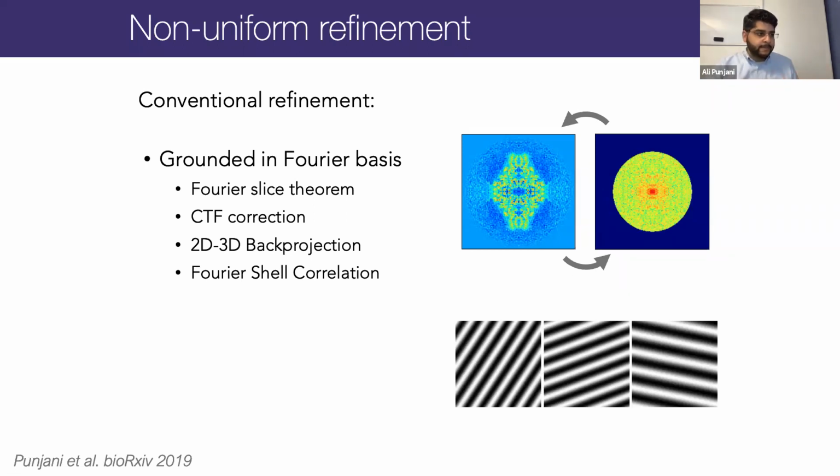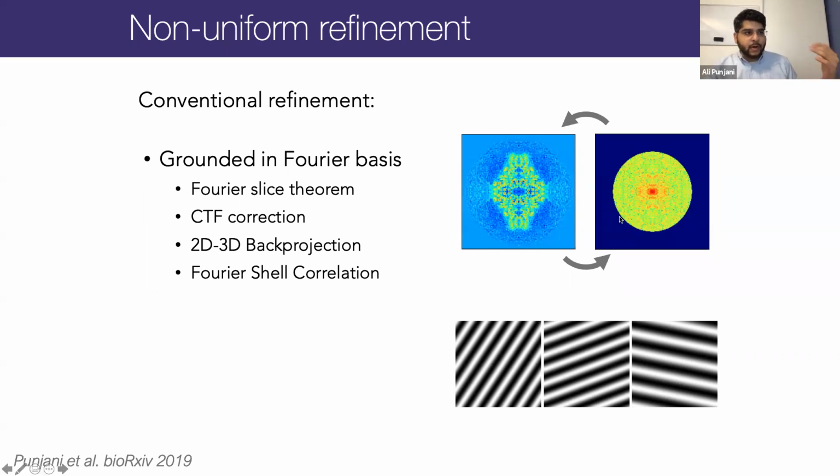But the problem, or one property of this idea, is that each of these Fourier components, which we regularize using FSC or whatnot, represents a plane wave of electron density that goes across the entire molecule and is totally homogeneous in terms of what it looks like from one end of the molecule to the other.